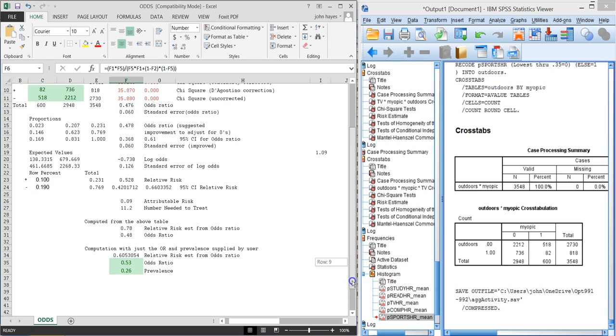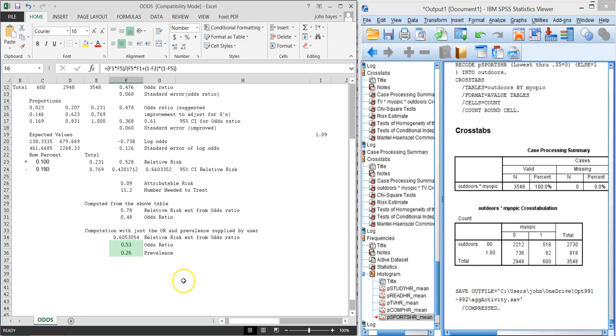If you're reading a paper and they give you the odds ratio and they don't report the relative risk, then these are just numbers you can plug in yourself. You can plug in the odds ratio that you're given and your guess at the prevalence and get the actual risk.